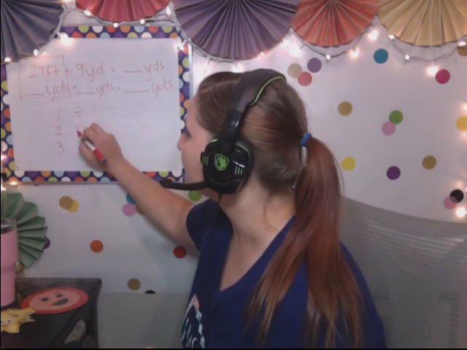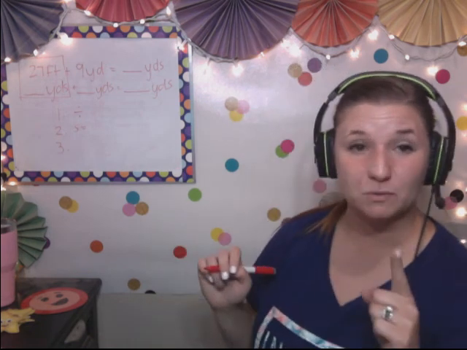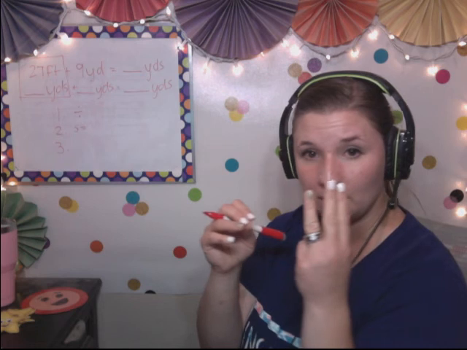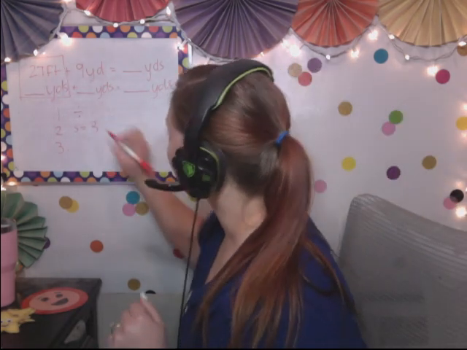I'm going to put S equals, because that's our special number. S equals what? How do feet and yards relate to one another? How many yards are in a foot? Or how many feet are in a yard? Well, there's not really a good measurement that we have so far of yards into feet, but we do have feet into yards. So how many feet are in a yard? 3. Your special number is 3.